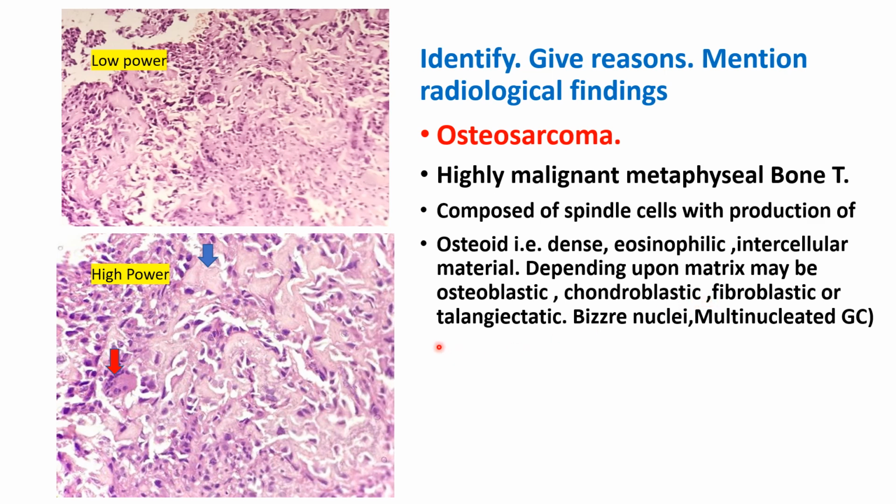If it shows a lot of blood vessels, it is called telangiectatic, and then fibroblastic and osteoblastic. So bizarre nuclei, multinucleated giant cells, and the nature of the matrix will decide the suffix to the osteosarcoma. So this may be classical osteosarcoma or chondroblastic osteosarcoma or telangiectatic osteosarcoma, right?